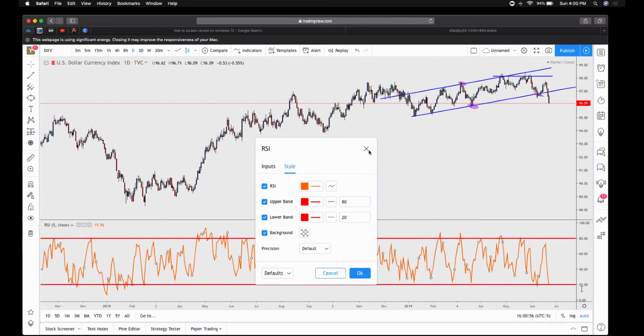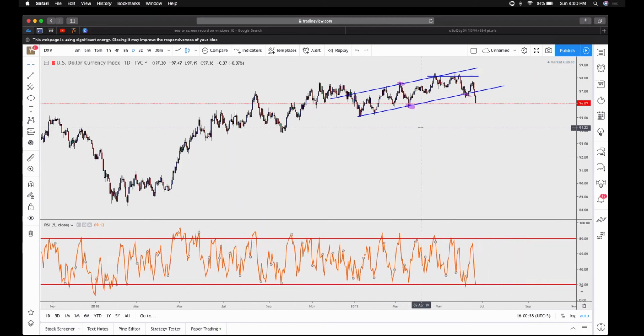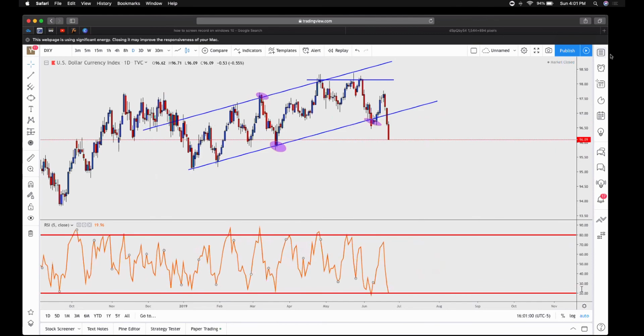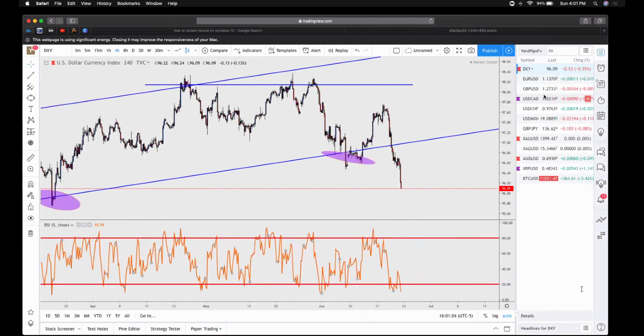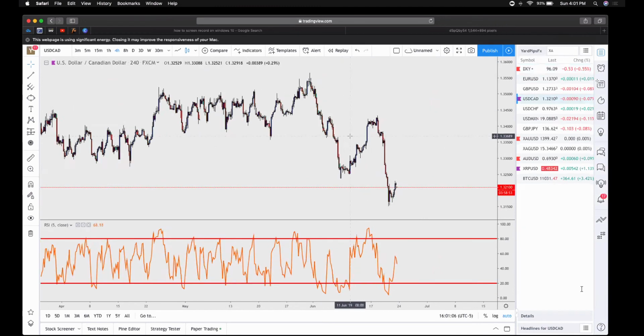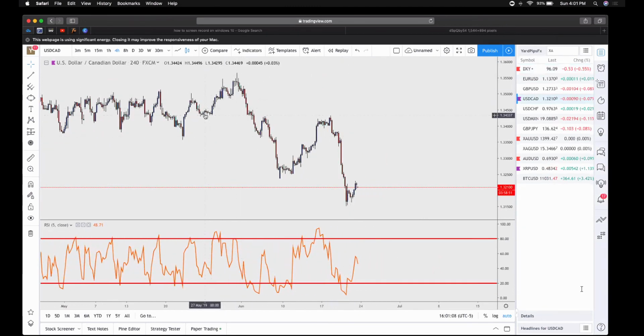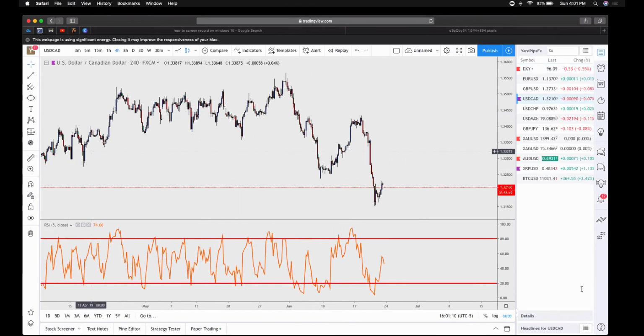All right, so check this out now. One way that I use the RSI, I mainly use it on the 4 hour. So let's see if I can find a good example. Like this right here. Remember market structure. We are in some form of uptrend along here, and we transition into some form of downtrend right here, with this being our lower high.